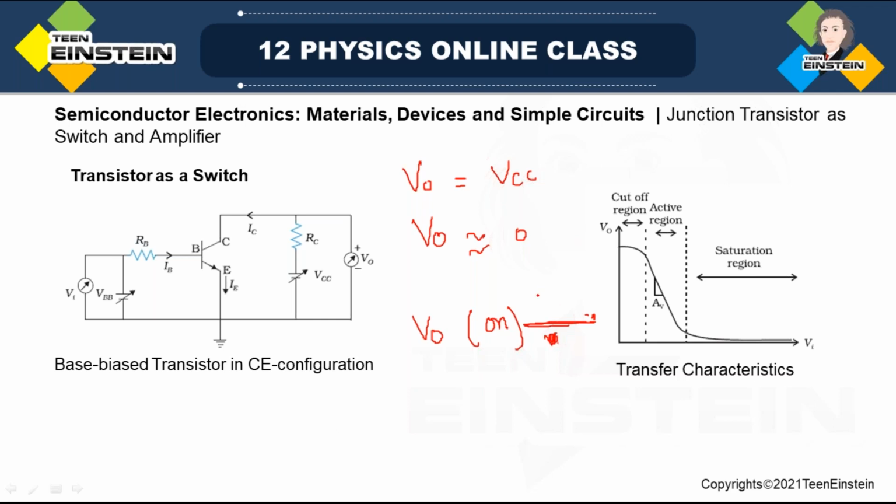So above a certain value of the output, you can define it as on stage. This can be stated as on over here, and off stage, anyway, so you can use this alternatively. You can use the cutoff region as on stage or the saturation region as off stage.